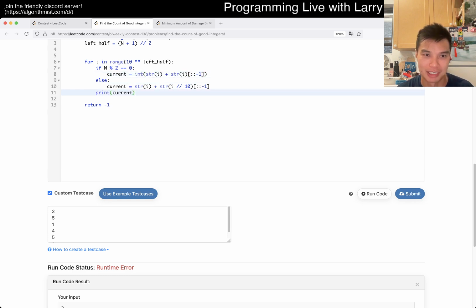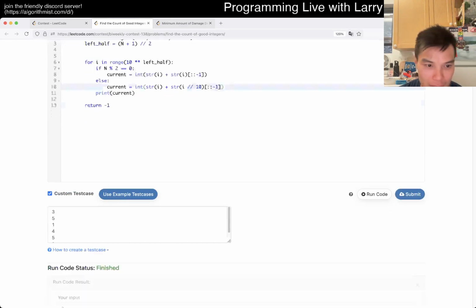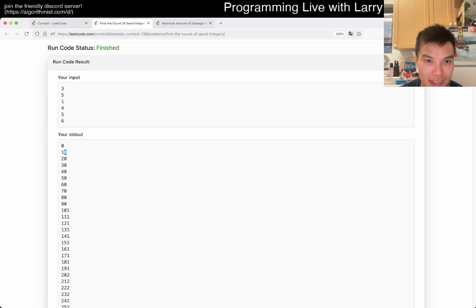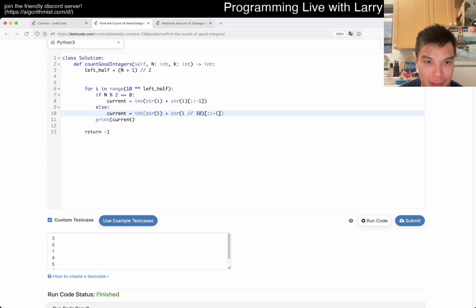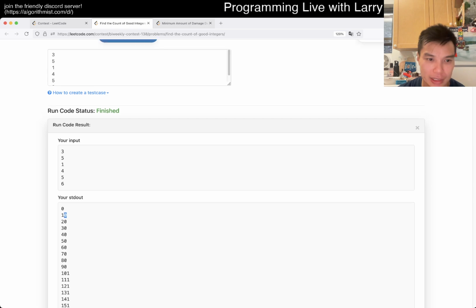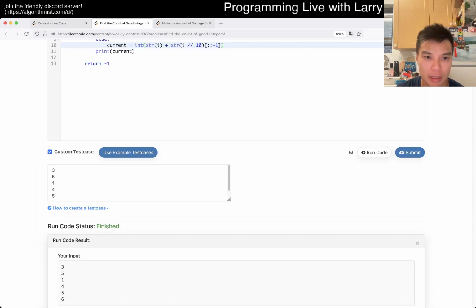Hopefully this is fast enough, because we do a lot of these operations. Okay, so then now we have all these things. That is definitely not right. Oh no, this is right, it's just that it has leading zeros. Okay.